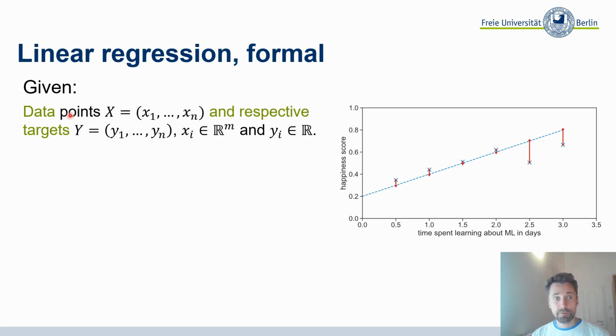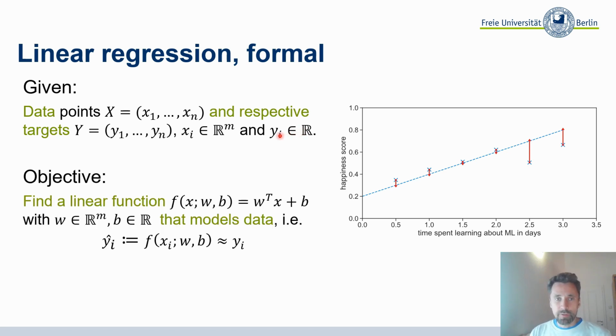We have respective targets in the set of scalar values y_1 through y_n. They don't, in general, need to be one-dimensional, could be from any vector space, but here we limit ourselves to just one dimension.